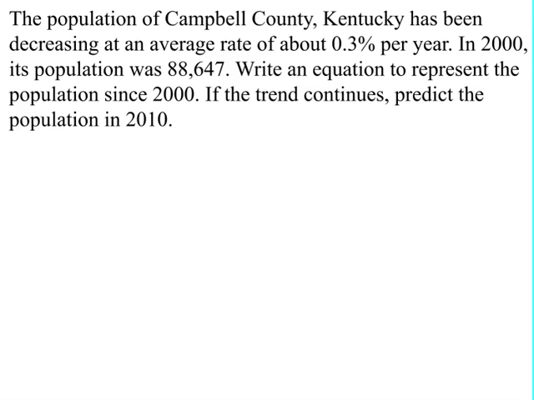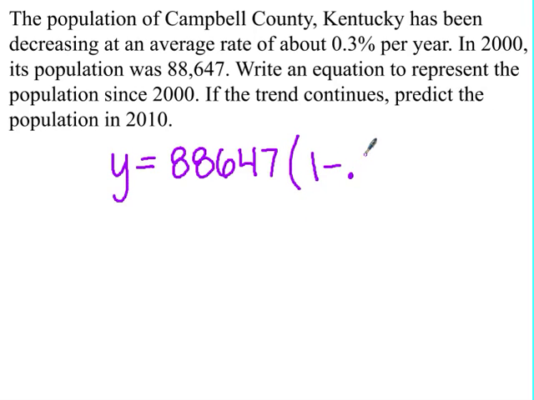If the trend continues, predict the population in 2010. So my equation, can somebody tell me what I've got for y equals? 88,647 times 1 minus 0.003. Nice job. You caught that. It was 0.3%, so it's 0.003, to the t power.